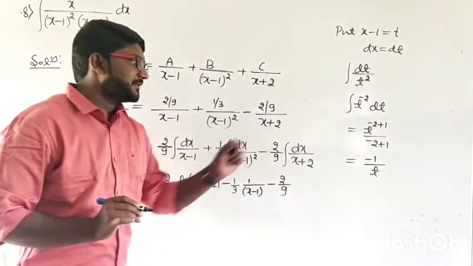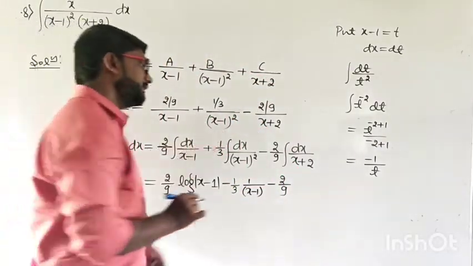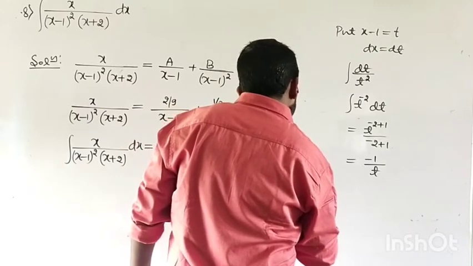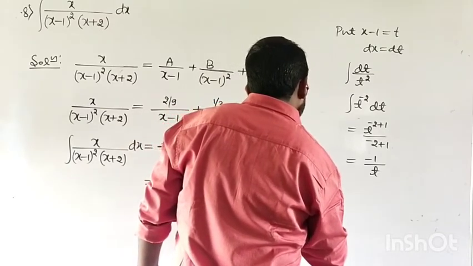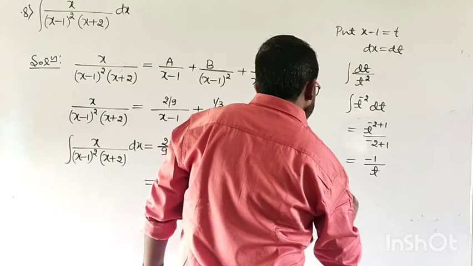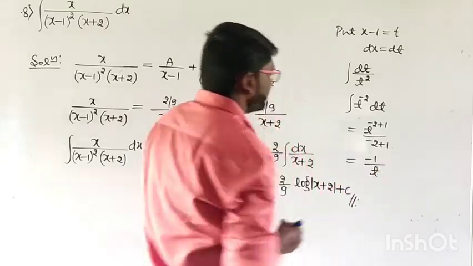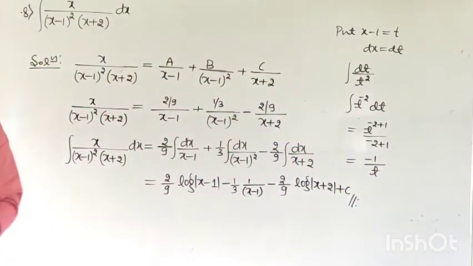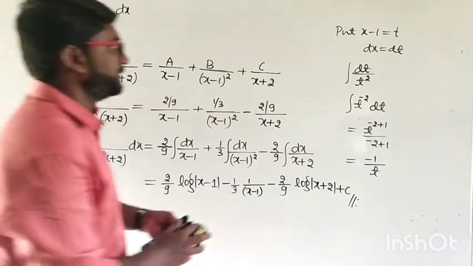Then what is the integration of this? It is log mod x plus 2, plus c. So this is the final answer for the 8th one. So pause the video to note it down.